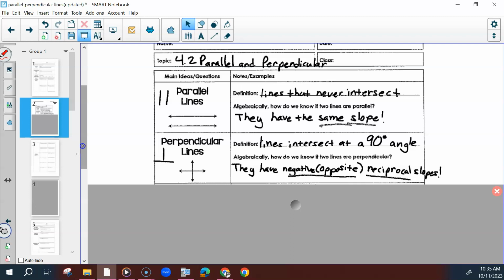Perpendicular lines intersect at a 90-degree angle, so they make like a perfect T. Algebraically, we know two lines are perpendicular if they have negative reciprocal or opposite slopes. We'll talk about that here in a moment. The symbol for perpendicular is this upside down P.